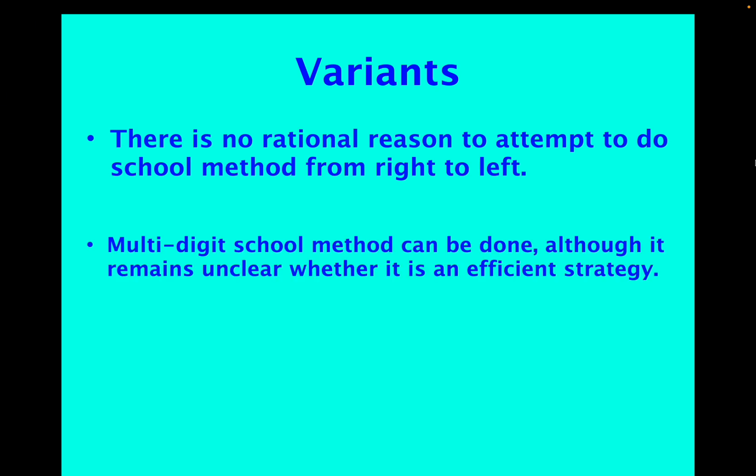However, the multi-digit approach may be beneficial, although it is not clear to me or to anybody in the Western community whether or not that is being used in Japan. A critical thing in the school method is that you need to be able to rapidly do the calculation.